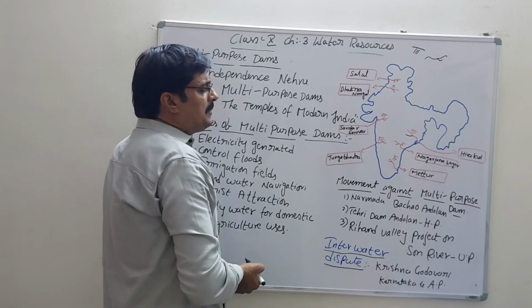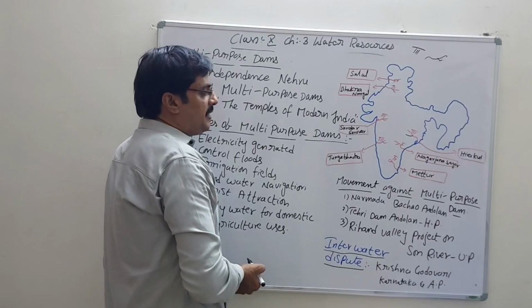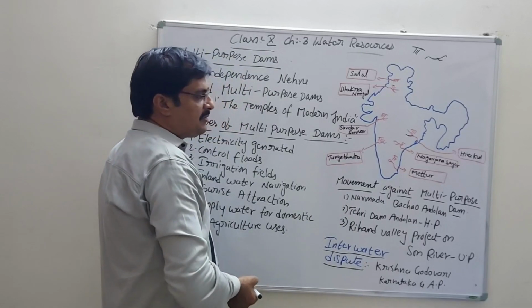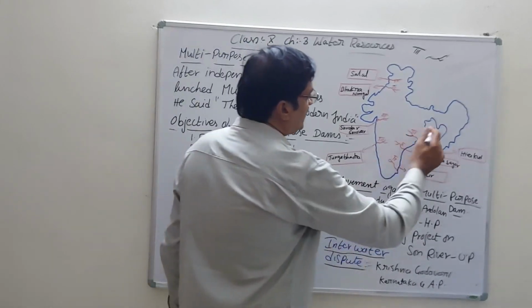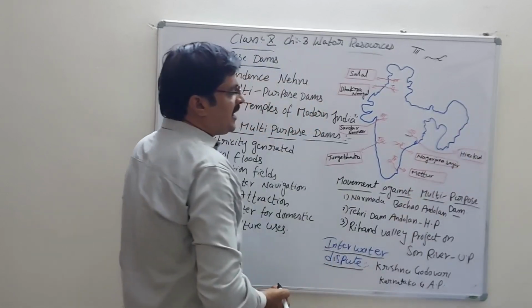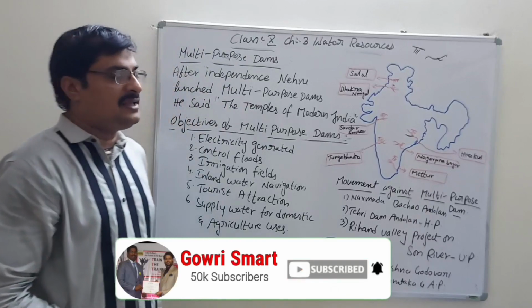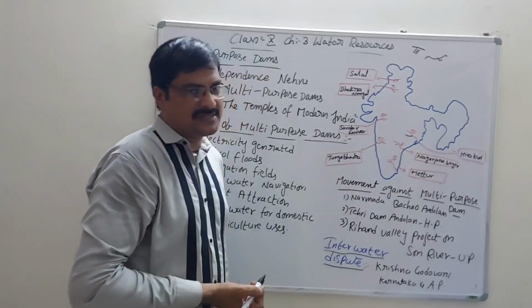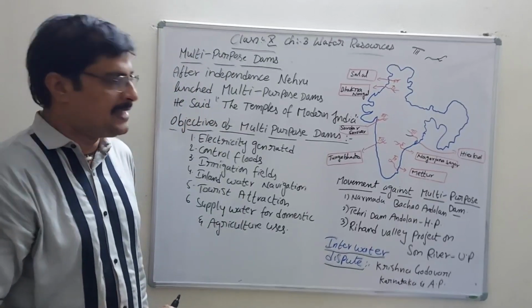Come to the Tungabhadra river in the Karnataka area, supplying water; it is a tributary of the Krishna river. Moving to the eastern direction, we have the Mahanadi. On the Mahanadi river we have the Hirakud project, in the place of Orissa.